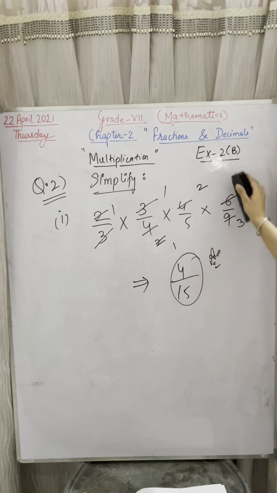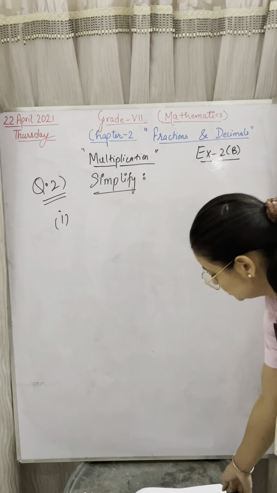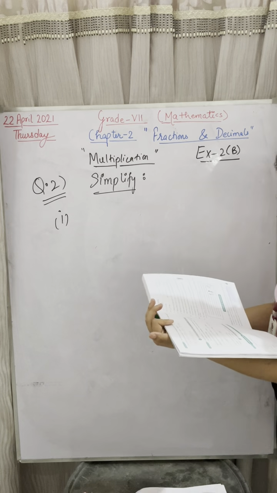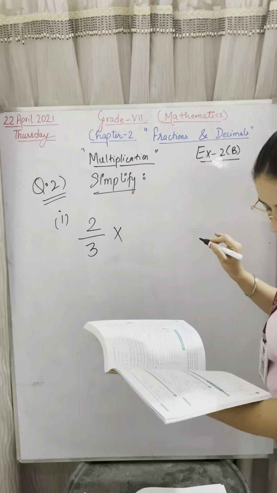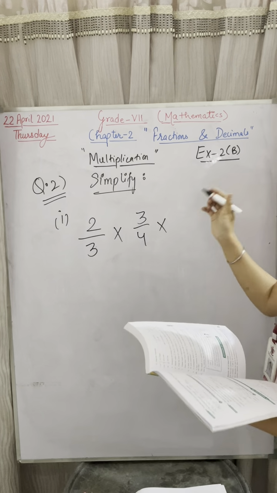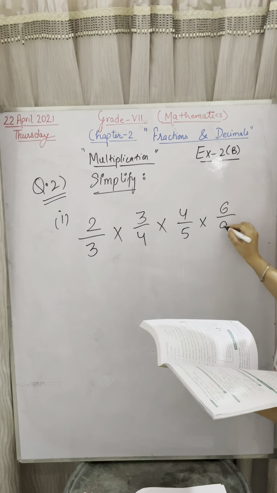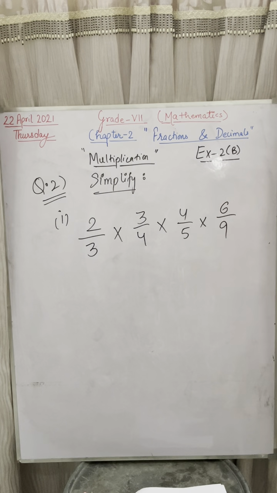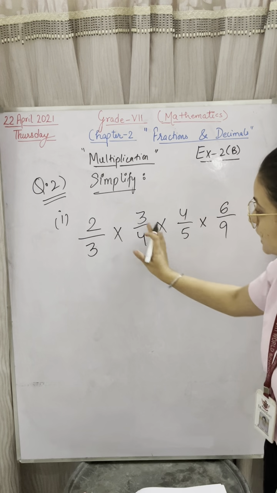I'm going to solve once again. Some are having a problem with how ma'am has cancelled the terms. See, 2 upon 3, 3 upon 4, 4 upon 5, multiply 6 upon 9. First of all, I can cancel any numerator and denominator which are the same.